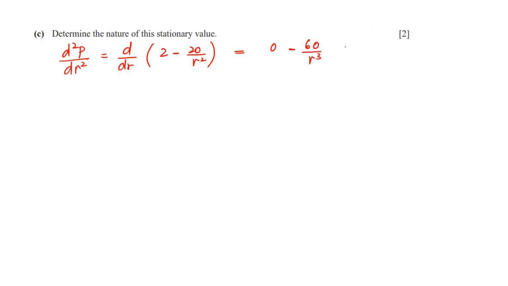So for all values of R, the second derivative is less than 0.